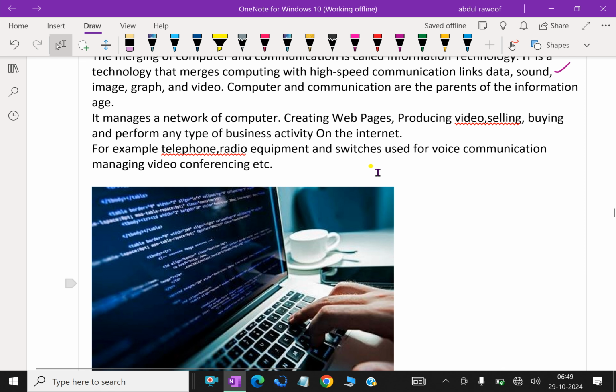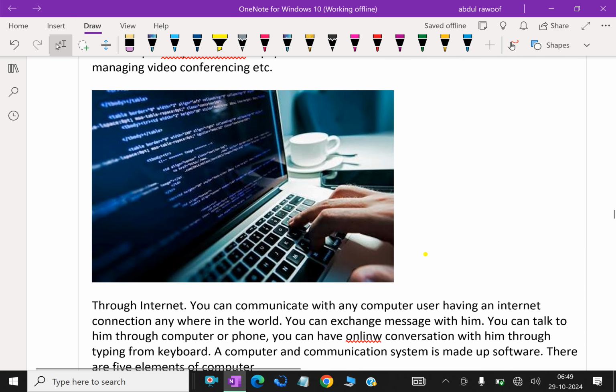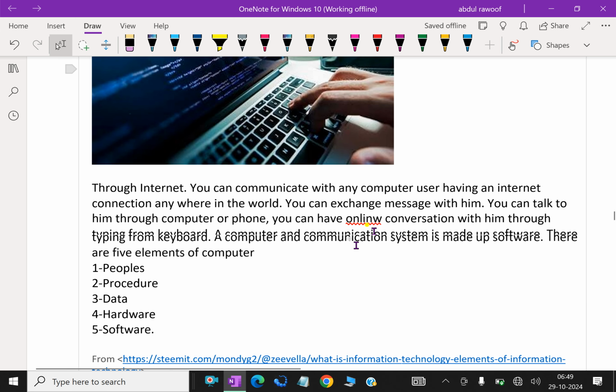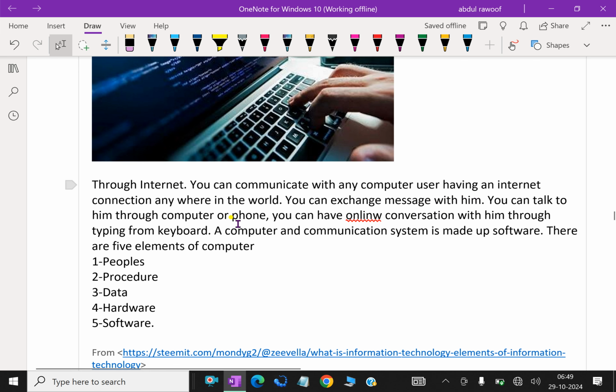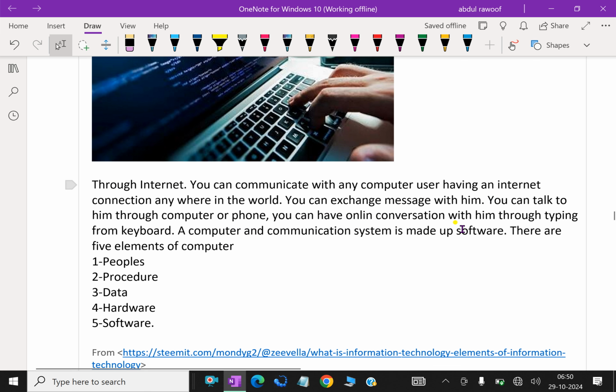For example, telephone, radio equipment, and watches are used for voice communication, managing video conferencing, etc. Through the internet, you can communicate with any computer user having an internet connection anywhere in the world. You can exchange messages with him. You can talk to him through computer or phone. You can have an online conversation with him by typing from the keyboard.